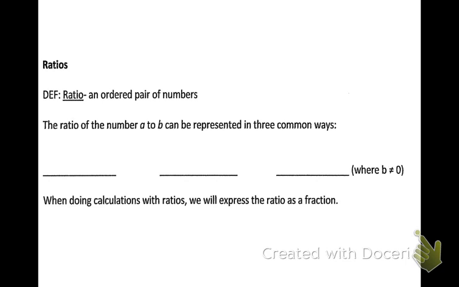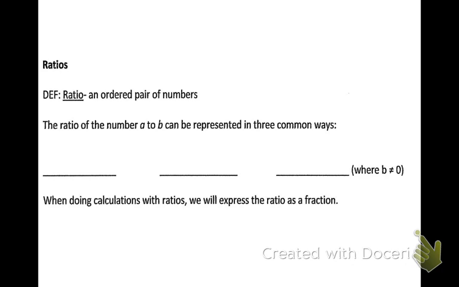A ratio is an ordered pair of numbers. The ratio of a number A to B can be represented in 3 common ways. Anybody know the 3 ways to express a ratio? A fraction. Okay, well you covered one of them.